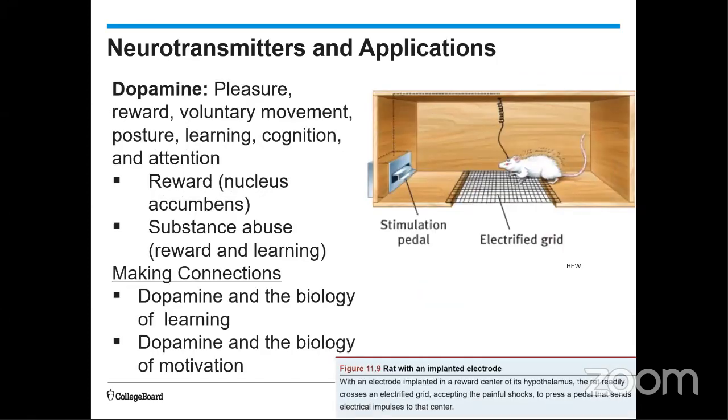Dopamine is also related to pleasure and reward, and therefore it has an impact on action. This image is an example of a rat who has an electrode implanted in the nucleus accumbens. It's a region in the brain that's rich in dopamine and part of the reward circuit. In order to get that reward of the dopamine release, the rat is going to be willing to cross the electrified grid, willing to engage in an action that causes the animal some pain in order to get to that stimulation pedal.